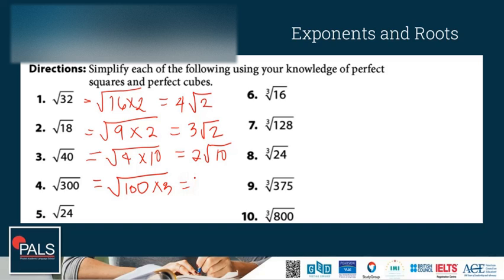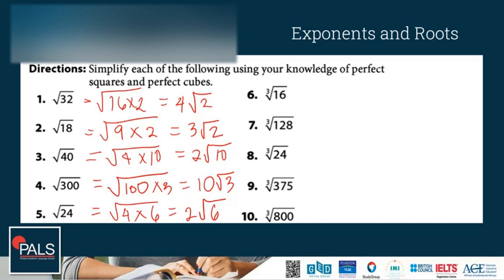The square root of 100 is 10, so 10 square root of 3. Number 5, square root of 24. Square root of 24 could be square root of 4 times 6. The square root of 4 is 2, so 2 square root of 6.